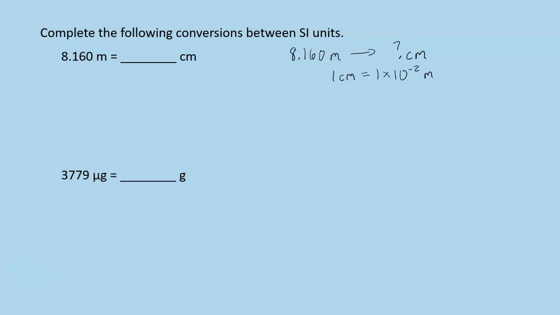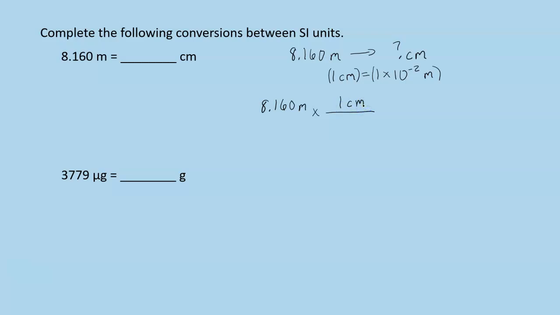Once we've got our roadmap with our equality, we can set up our unit conversion where we start with the given information, 8.160 meters, and multiply it by our conversion factor. Remember, that's going to come from our equality where we want to have the target units on the top. We're trying to get to centimeters, so from the equality we want to use the 1 centimeter.